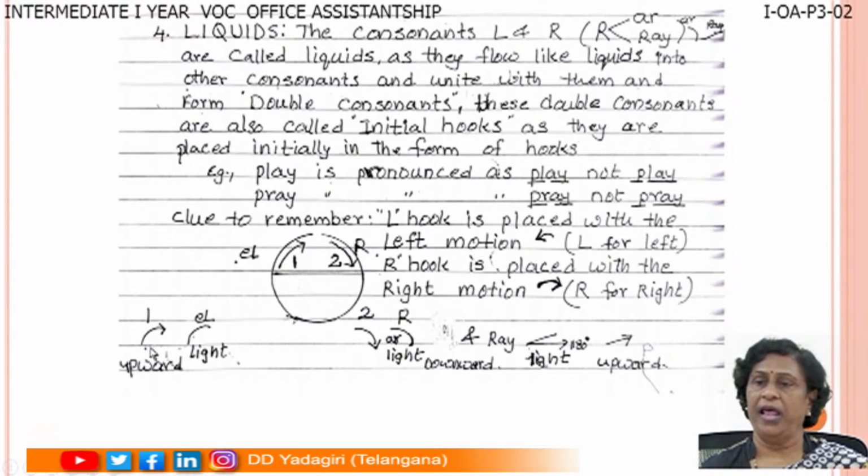So here L we are going to write bottom to top. L and R are liquids, I said. L is written bottom to top. This is the first consonant we are learning that is written bottom to top.